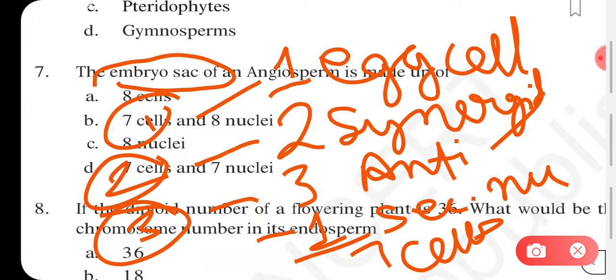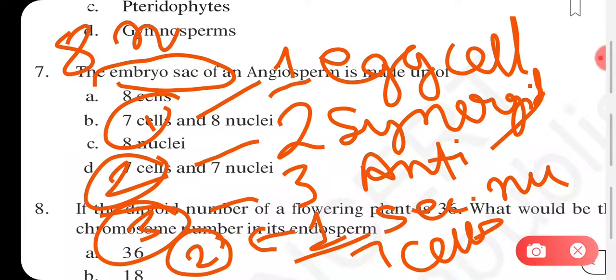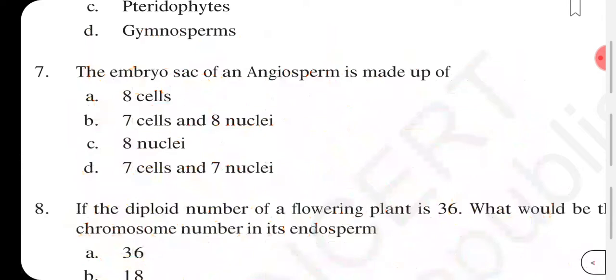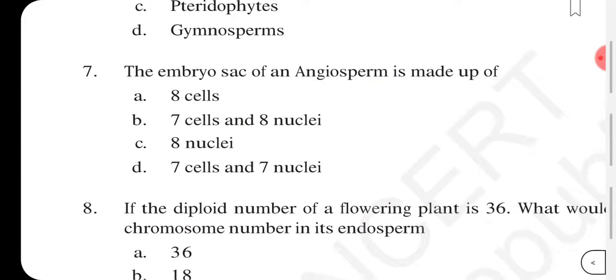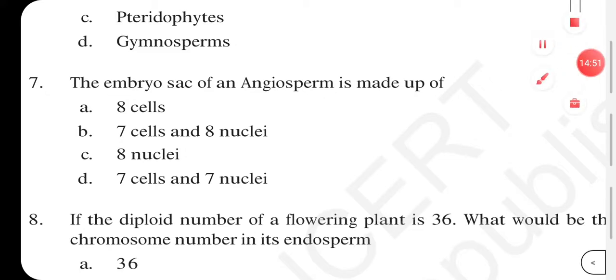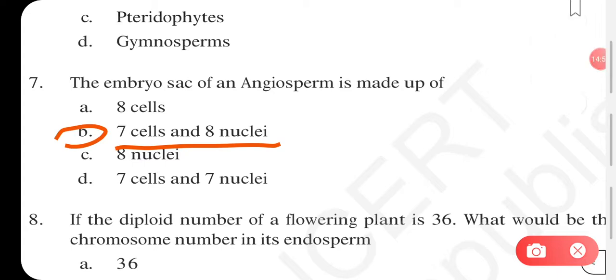So though it is one cell, it has 2 nuclei in it. So altogether it becomes 1 plus 2 plus 3 plus 2, it comes to 8 nuclei. So you see it is a 7 cell 8 nuclei stage. So here the correct option will be 7 cells and 8 nuclei, that is option B.